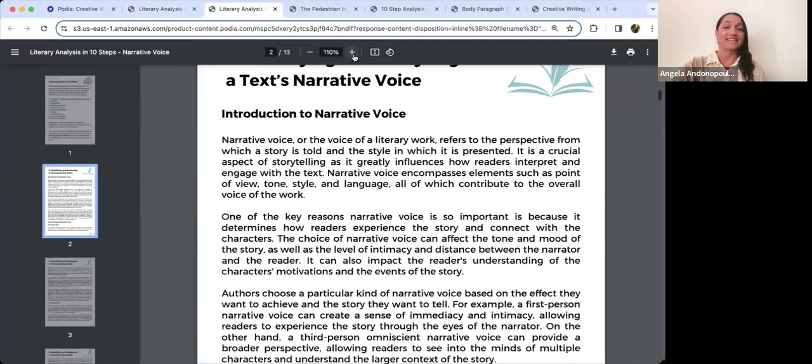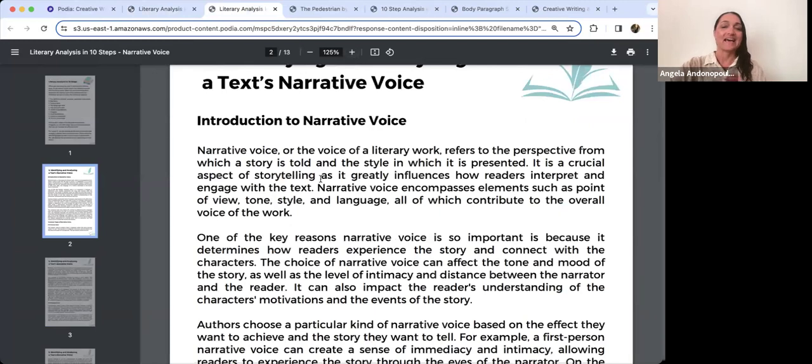And before I dive into this lesson's step, which is step 5, narrative voice, I just want to quickly go back to the week before that, lesson 3, because that's when we looked at textual form. So the medium, it's the type of text that the writer has chosen to use as their vehicle for communicating their messages.